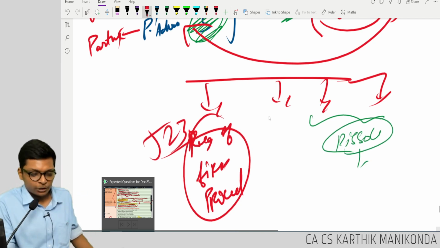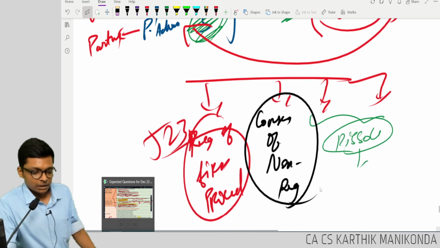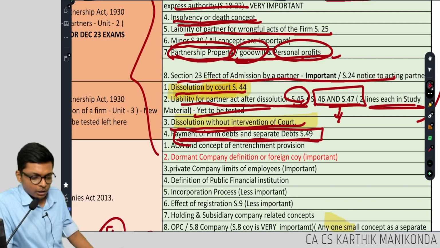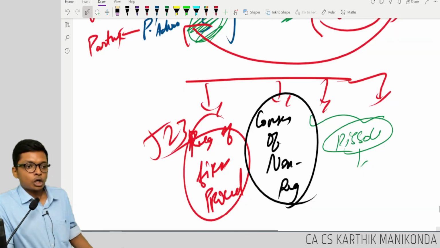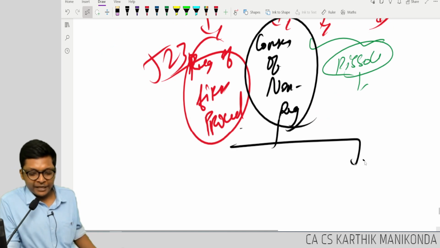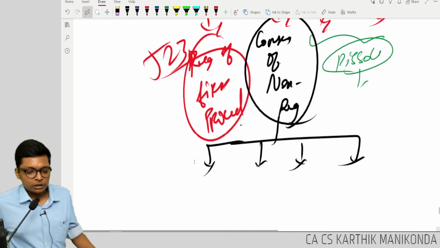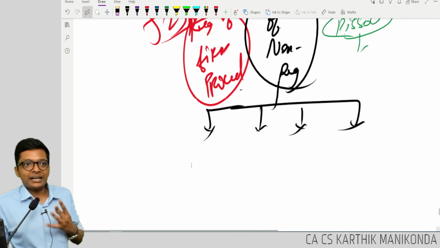What I didn't mention there, which you can add, is the consequence of non-registration of the firm. If you don't register the firm, what will happen? There are 4 points under section 69, which talks about the consequence of non-registration.